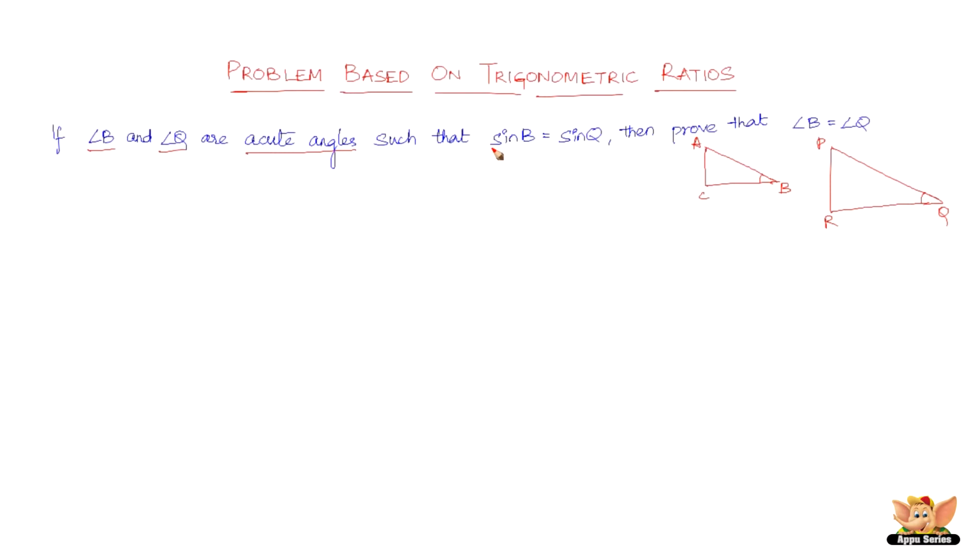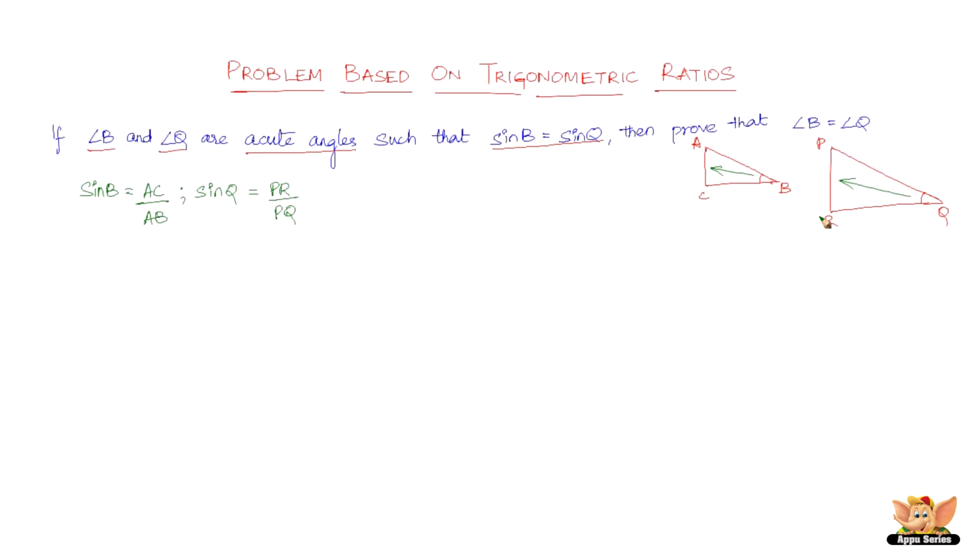So now in the question it's given that sin B equals sin Q. But before that, let's first see what is sin B. Now sin theta, as we all know, is equal to opposite by hypotenuse. So sin B equals the opposite to angle B, which is AC, divided by the hypotenuse, which is AB. So sin B equals AC by AB, and sin Q equals the opposite of angle Q, which is PR, by the hypotenuse, which is PQ.